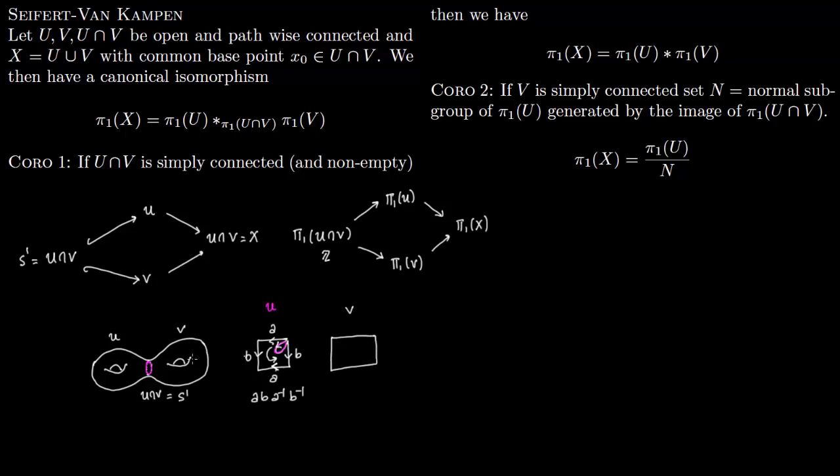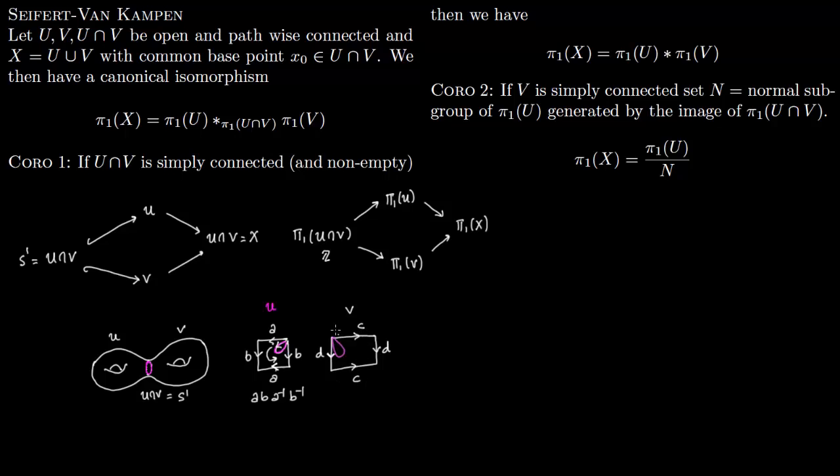So this is V. Again we will draw our circle. So this is our circle. So let sides be C and D here. So to preserve orientations, D will be like this, and say C will be like this.